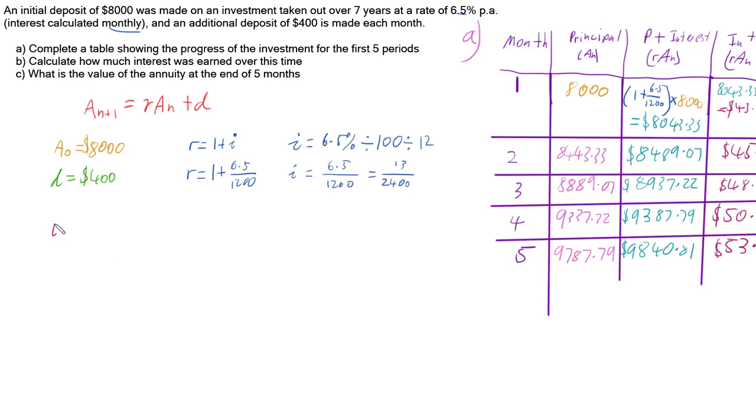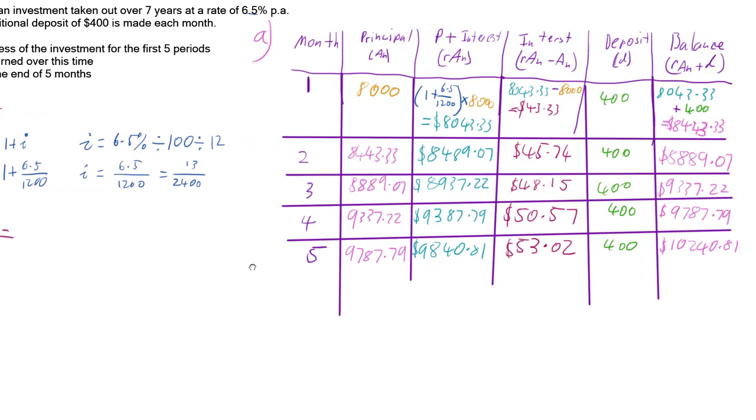Part B asks us how much interest was earned over this time. So that first 5 months, we want to work out what the total interest was. Now we've already taken a guess that it's going to be about $200. But this is where our table helps us, having these extra columns, because now all I've got to do is just add up my interest column, because that's going to tell me how much was earned. So let's do that.